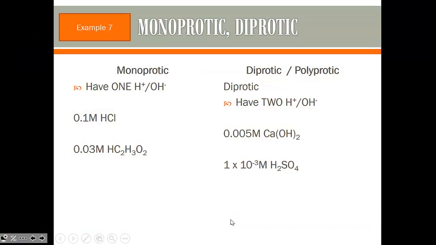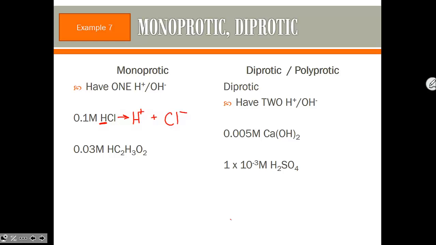Lastly, acids and bases are categorized as being mono or polyprotic, depending on how many hydrogens or hydroxides they have to donate, which will change their pH in solution. So for example, hydrochloric acid is monoprotic. It has only one hydrogen to give off, meaning for each one hydrochloric acid, I get one hydrogen and one chloride.